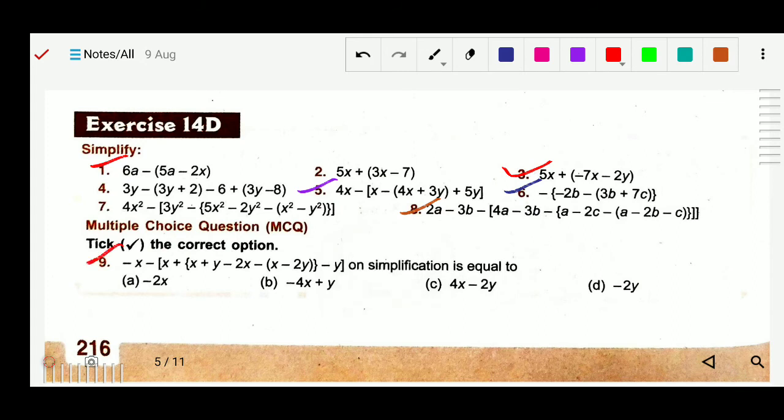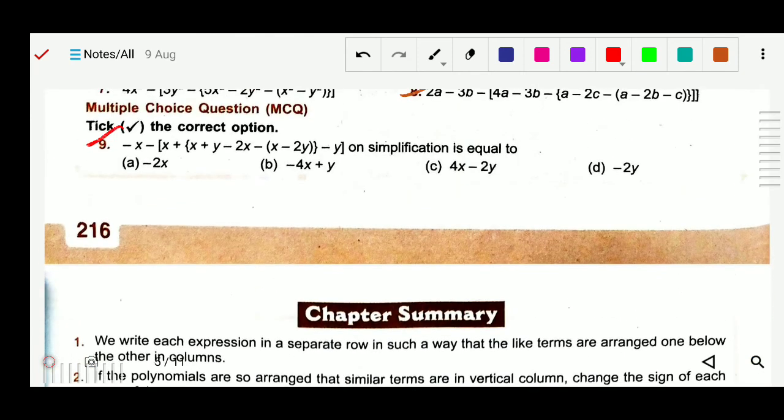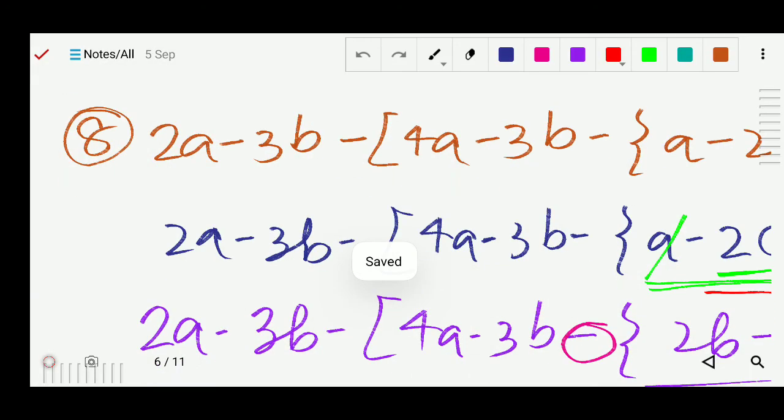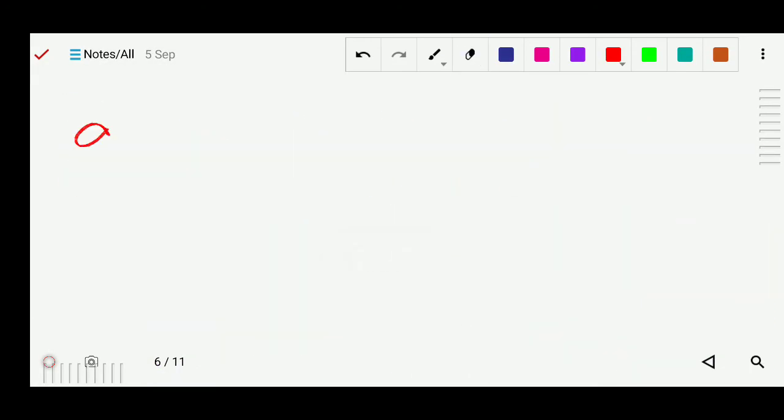So this question number 9 I am going to solve here. Let's solve question number 9.